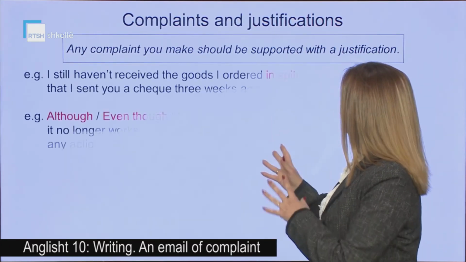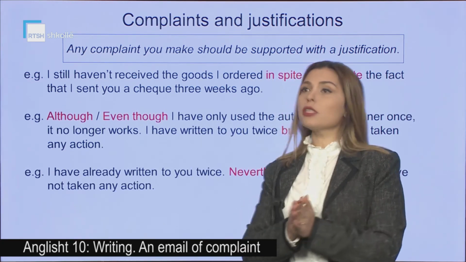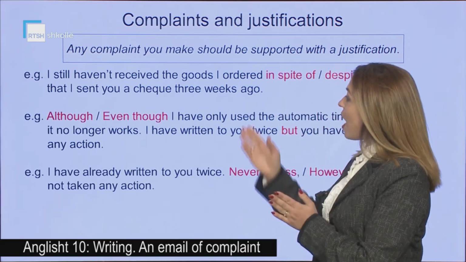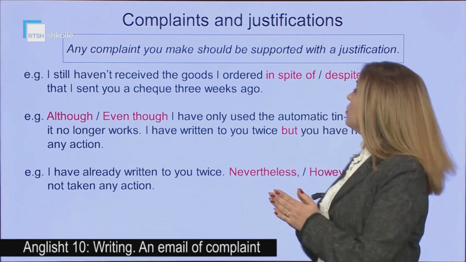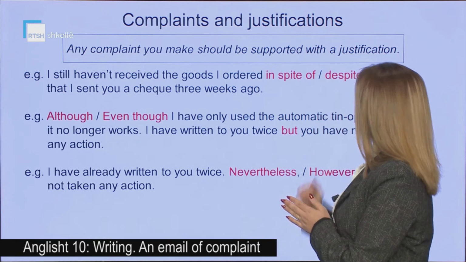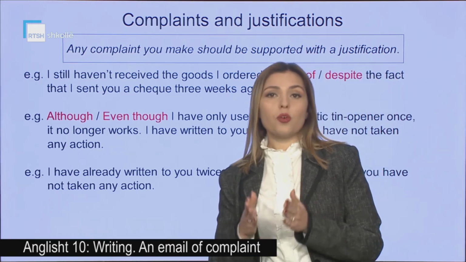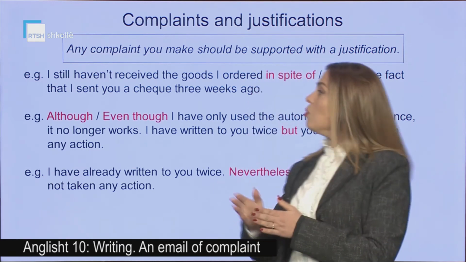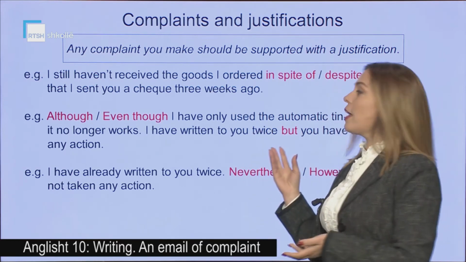Now, we have complaints and we said every time a justification. For example, I still haven't received the goods I ordered in spite of or despite the fact that I sent you a check 3 weeks ago. So, I have the complaint and I've got the justification.